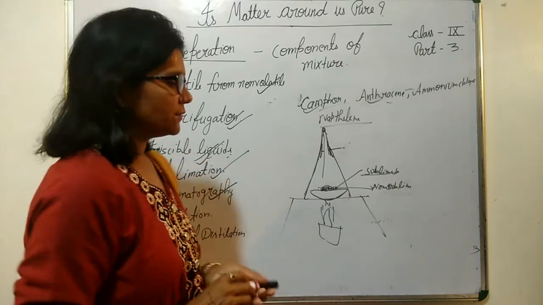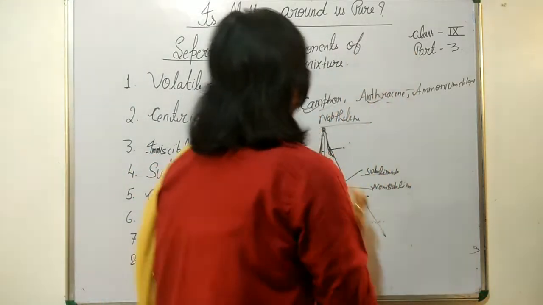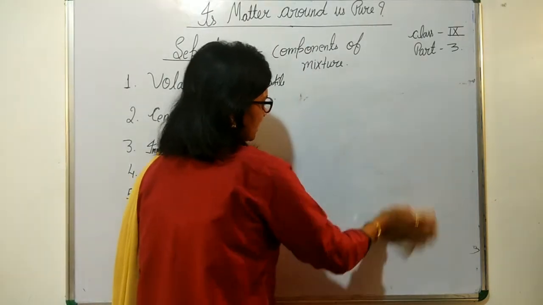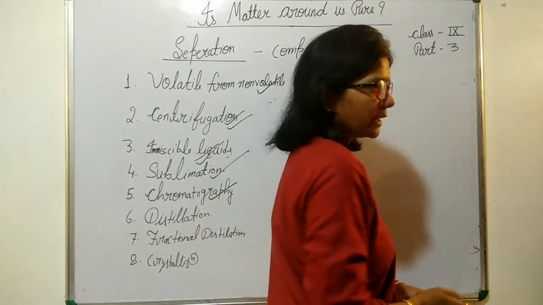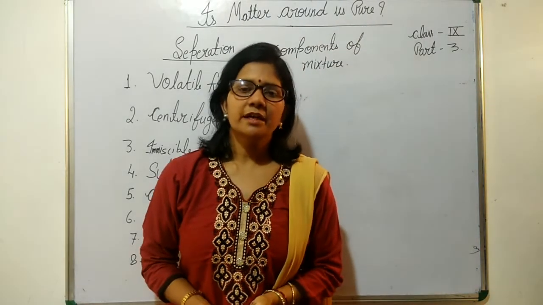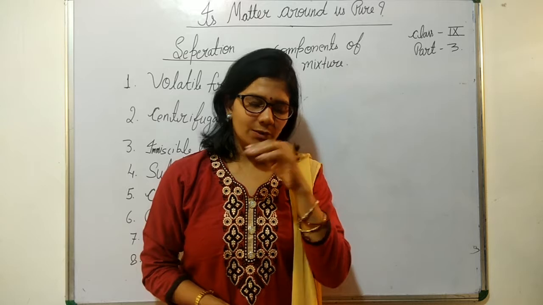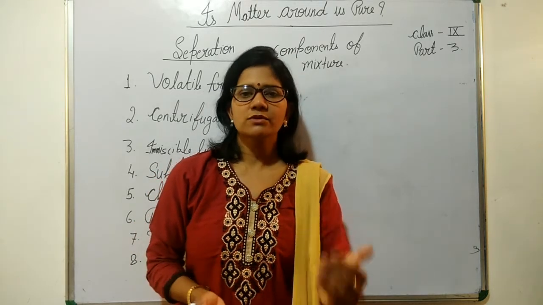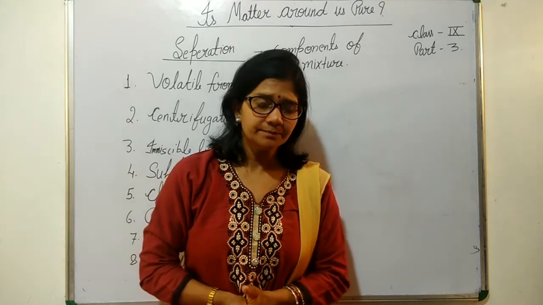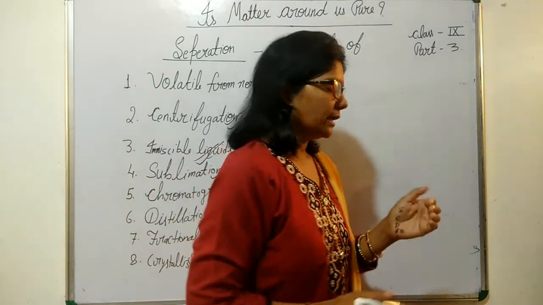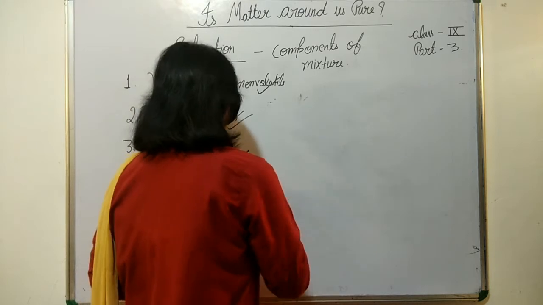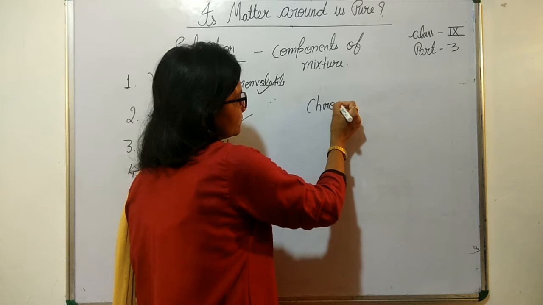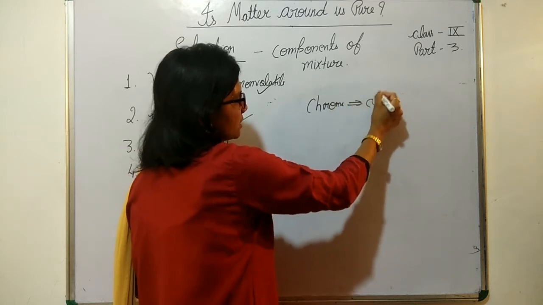It is a very useful technique in our biological lab, because it is used to separate various types of drugs and different pigments, especially chlorophyll A, B, or different types of pigments, that is chloroplast, chromoplast, or leucoplast, etc. This technique is known as chromatography because chrome means color.